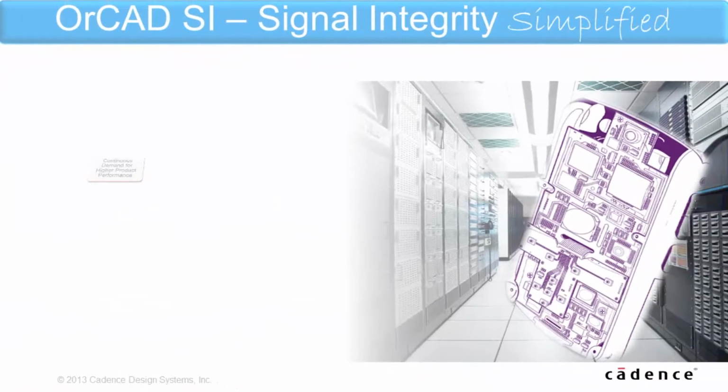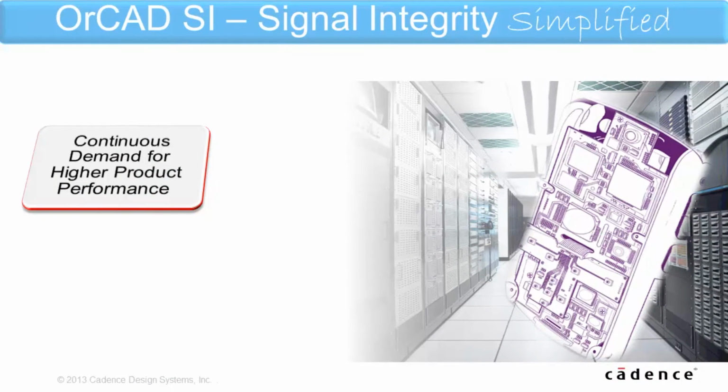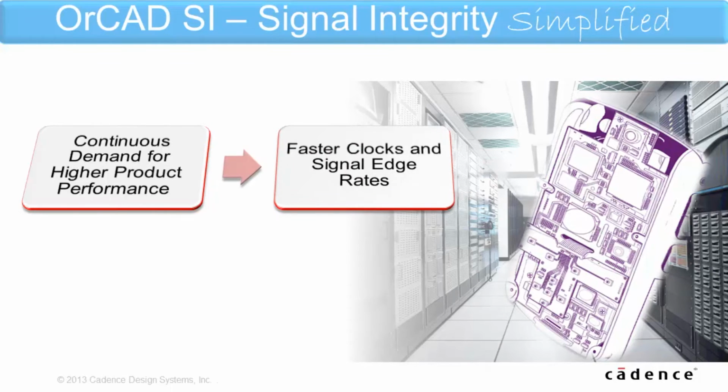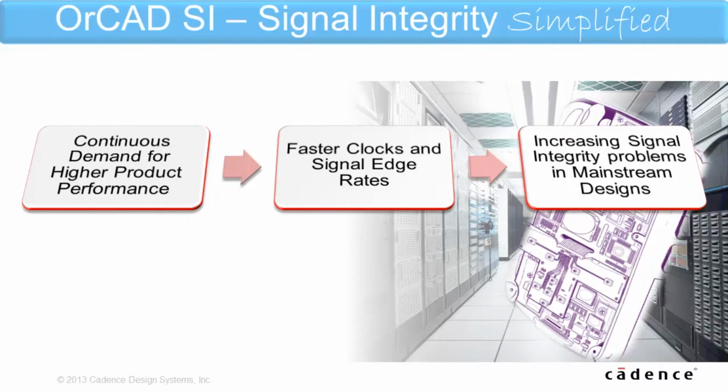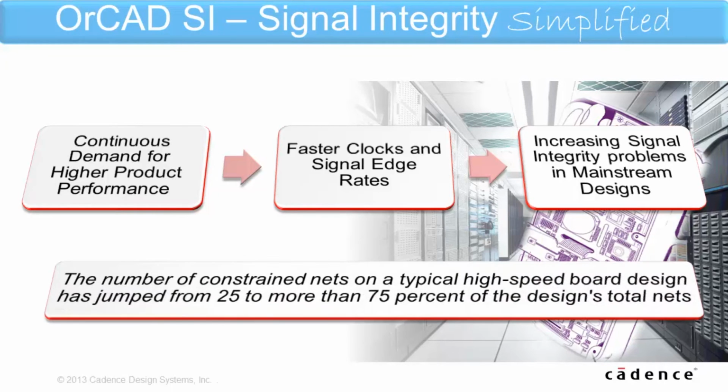Whether it is cost-driven consumer applications or performance-driven design architectures, the demand for increased performance is accompanied by higher edge rates that result in significant signal integrity challenges. As the percentage of design nets requiring signal integrity analysis goes up, it is unrealistic to expect to have signal integrity experts design all the nets on a board.